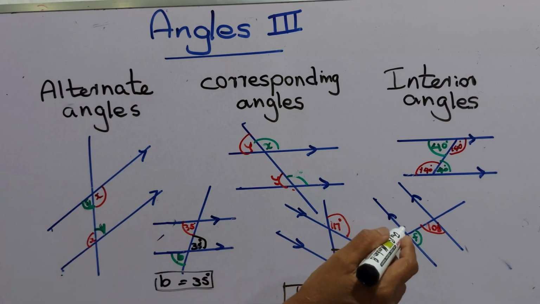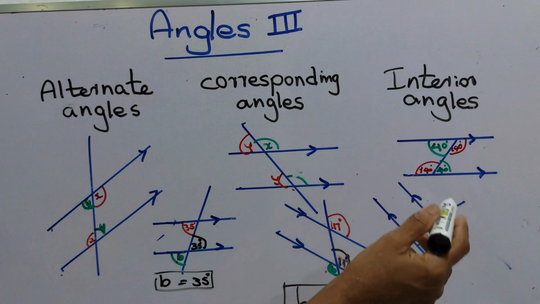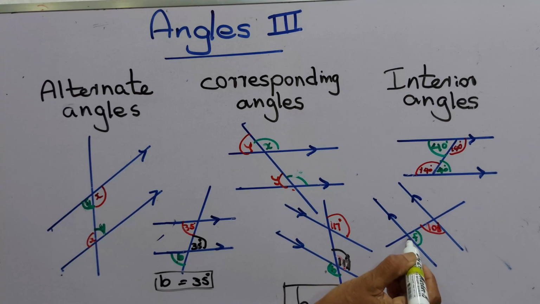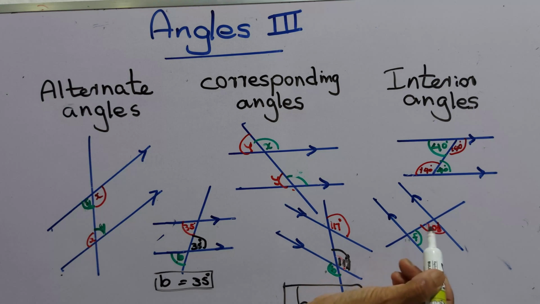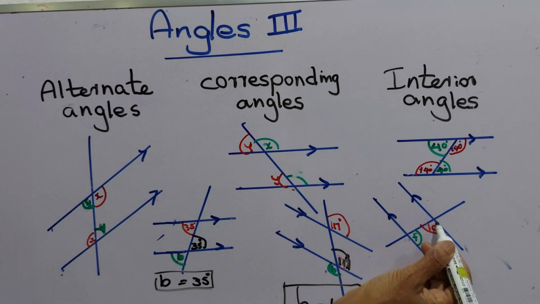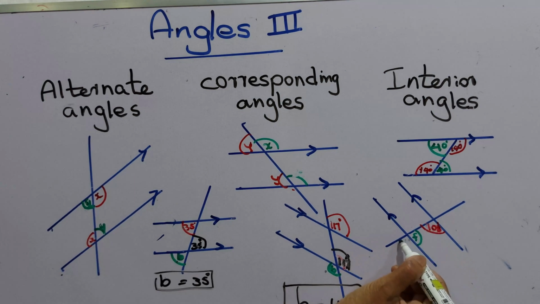Now we will move to interior angles. Given value is 108. We have to find angle F. Then how are we going to find this? Under this, this angle equals this angle, so it becomes 108.